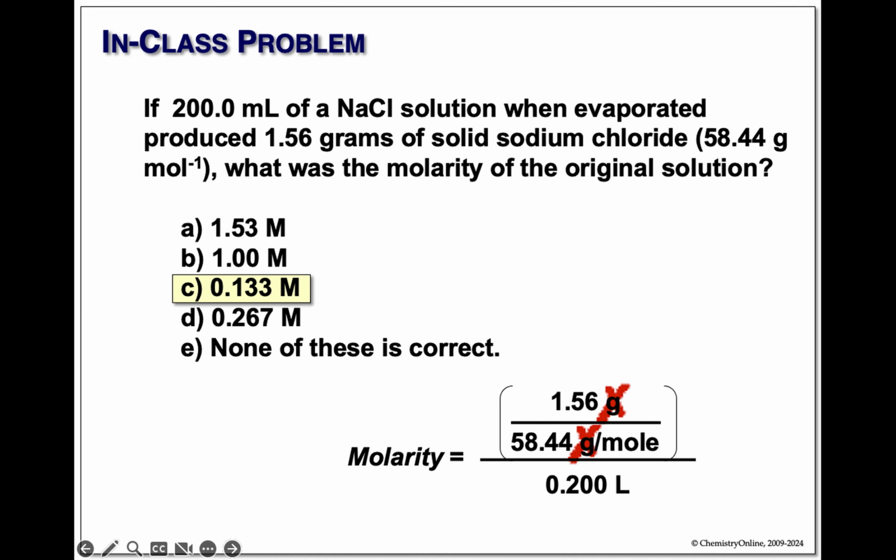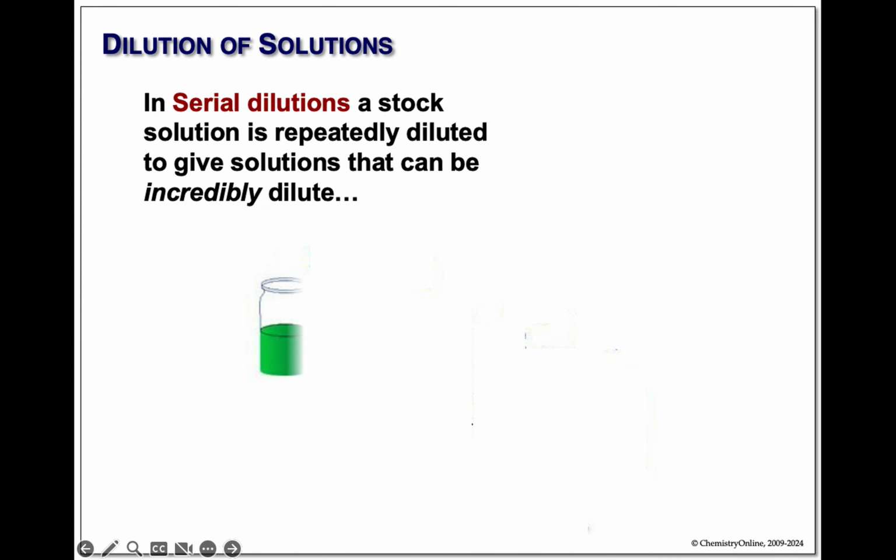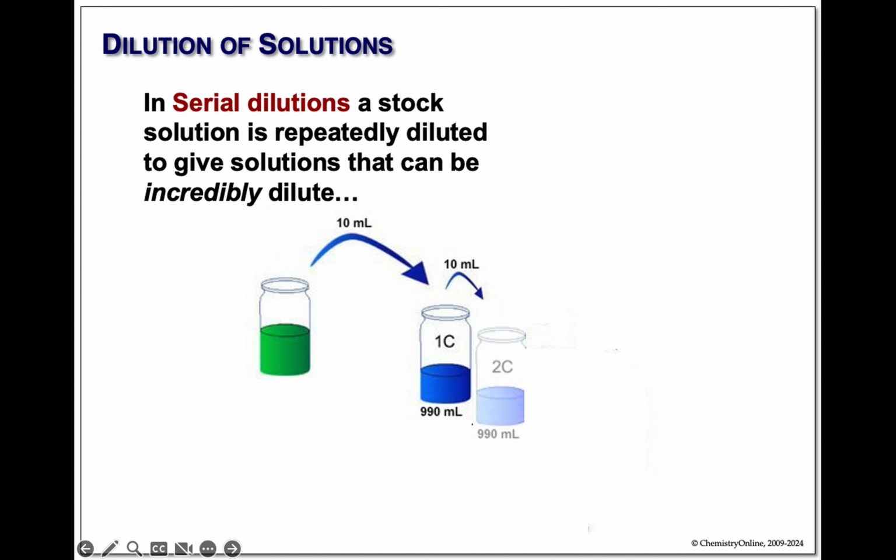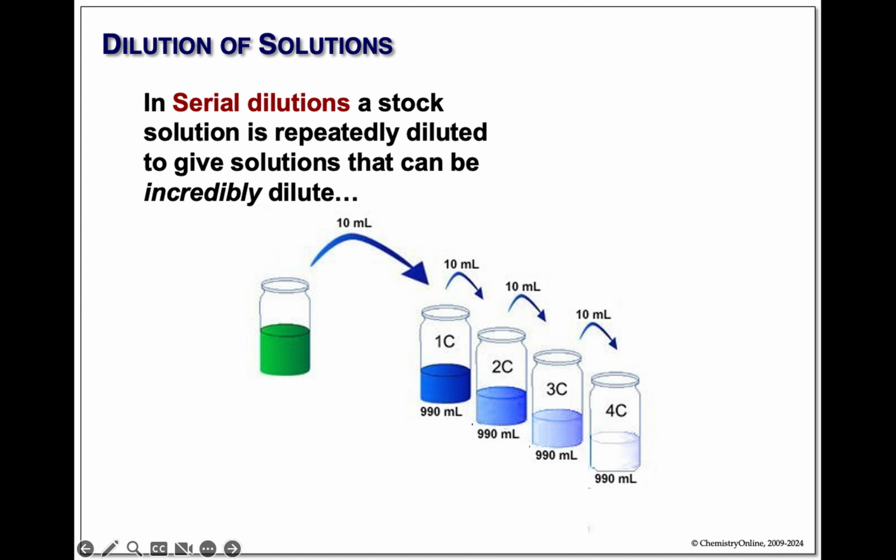All right, dilution of solutions. There are two ways to do dilutions. One is called a serial dilution. In a serial dilution, you're starting off with a stock solution here. You take a known volume, in this case 10 mils, and add it to another beaker with 990 mils of water, total of 1 liter.